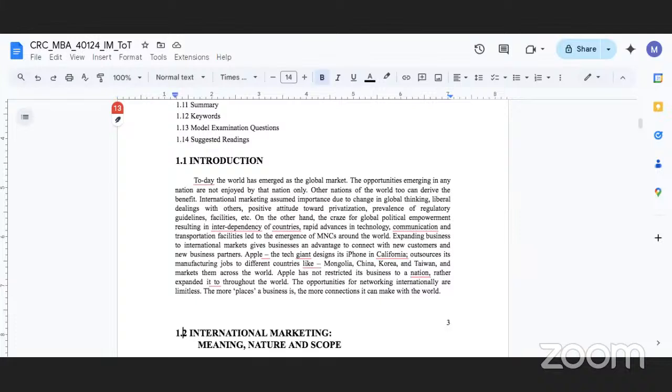For example, Apple, the tech giant, designs its iPhones in California and outsources its manufacturing jobs to different countries like Mongolia, China, Korea, Taiwan. Now, there is also a discussion about iPhone parts being manufactured in India because of the changing political environment in China.